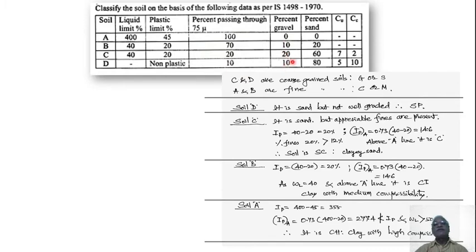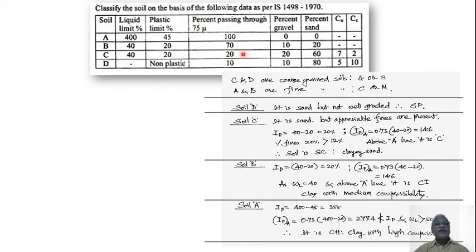The percentage of gravel is given, the percentage of sand is given, and Cu and Cc are mentioned. Now here, concentrate on the percentage passing through 75 microns, which is 10%. So to say, it is coarse grained soil. Even in this case, the percentage passing through 75 microns means more than 50% is retained above 75 microns.